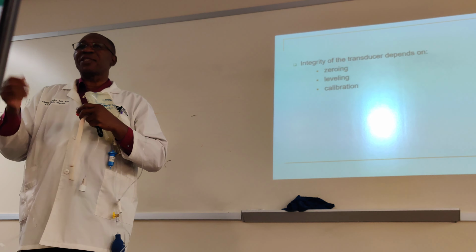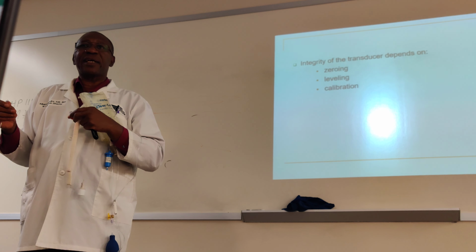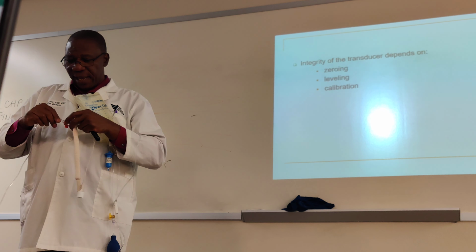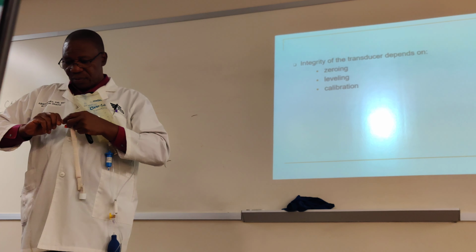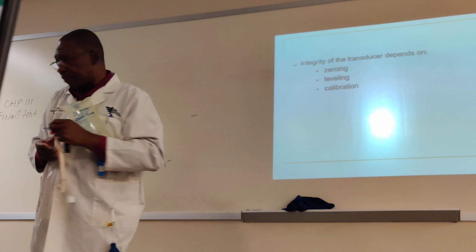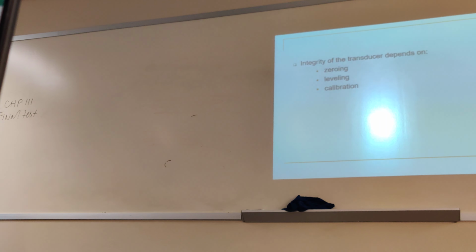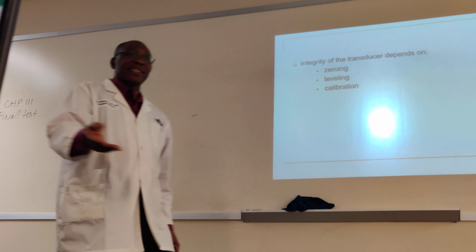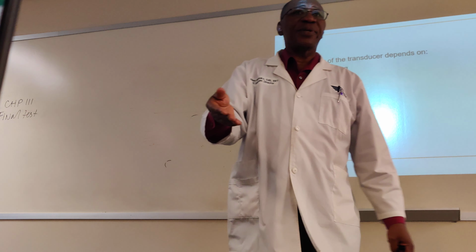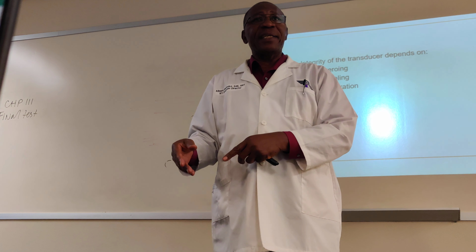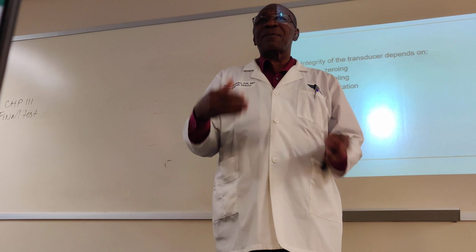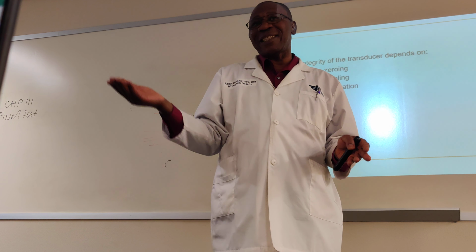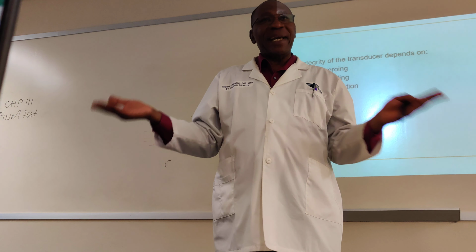Maybe that's the nurse trying to zero out the transducer. Once you've done that, you put it back. We have to be at the zero level, because if it's already sensing like 20 of pressure, and you hook it up to the patient, the patient's pressure will be 20 more. So that's not the patient.